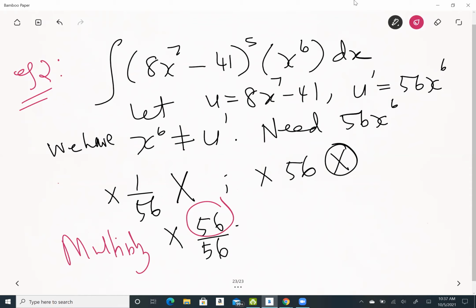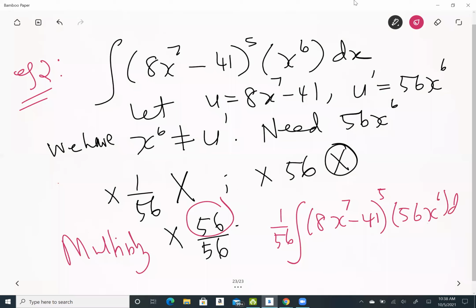So what I have now is the integral, and I bring the 1 over 56 out. I have 8x to the power of 7 minus 41, to the power of 5, and then the top I got 56x to the power of 6 dx.